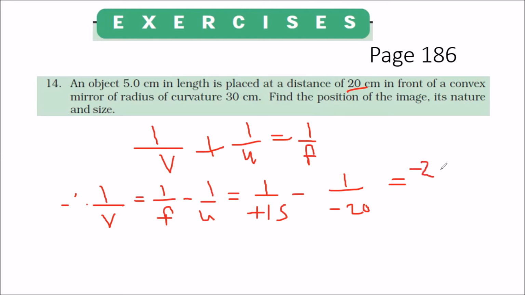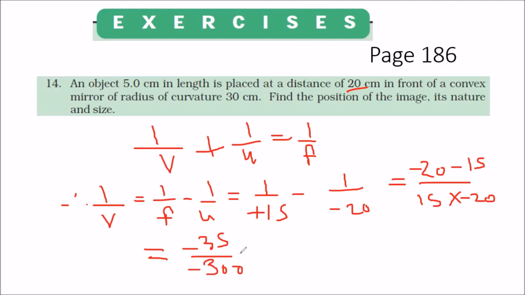It comes out to be minus 20. It goes here on the right side. It becomes minus 15 upon 15 into minus 2. So in the numerator we have minus 35, and in the denominator we have 15 into 2 is 30, which is minus 300 basically.